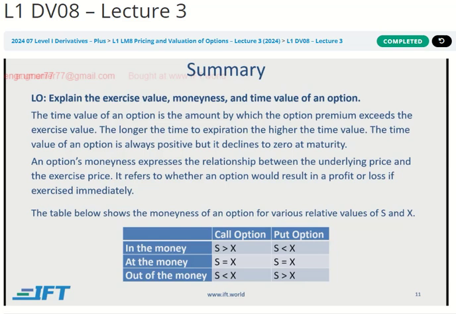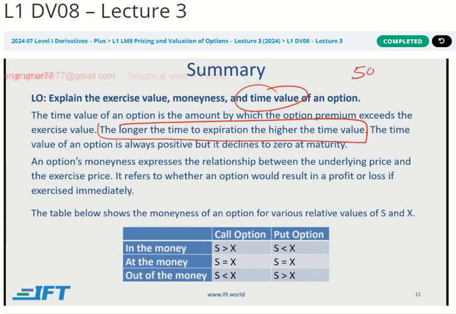The exercise value is something we just discussed. Moneyness is basically if the exercise value is positive, then it will be in the money. If it is negative, it is out of the money, and if it is 0, then it is at the money. The higher the time to expiration, the higher the time value, which is the difference between the option market price and the exercise value.